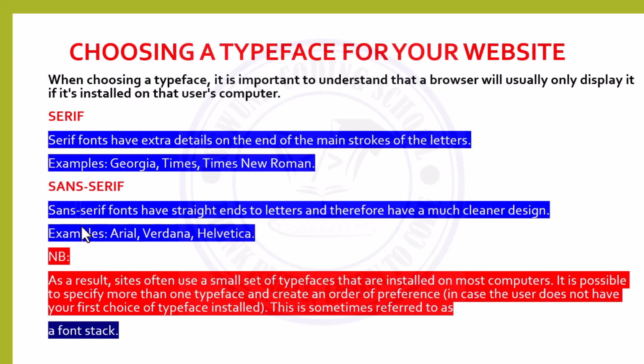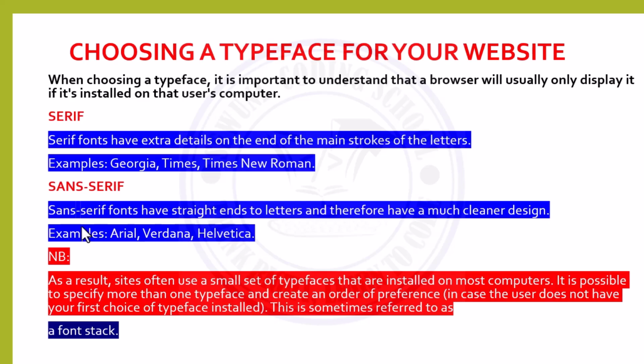When creating websites, we don't know whether the readers have those typefaces installed or not. So we put a group of typefaces, so that when the first one is not able to show, the second one will follow, or the third one. We insert a font stack, instead of leaving it as just a particular typeface.